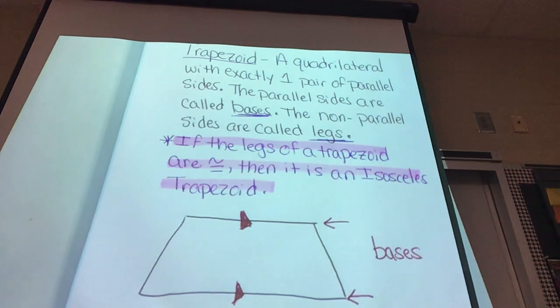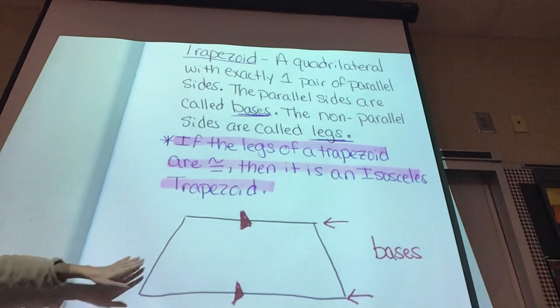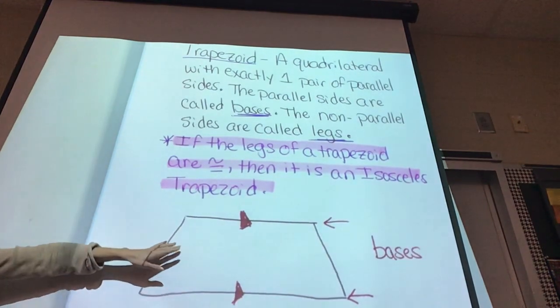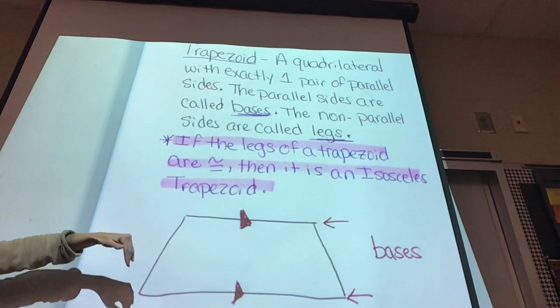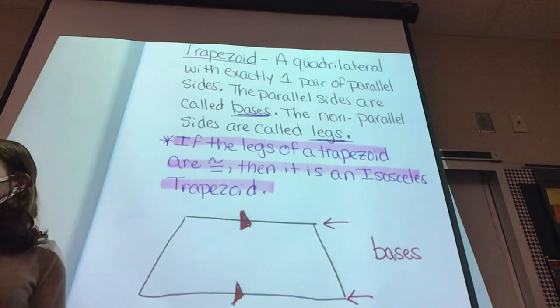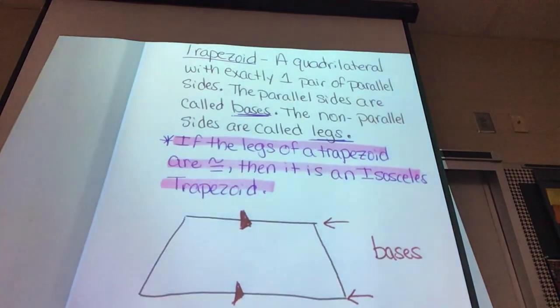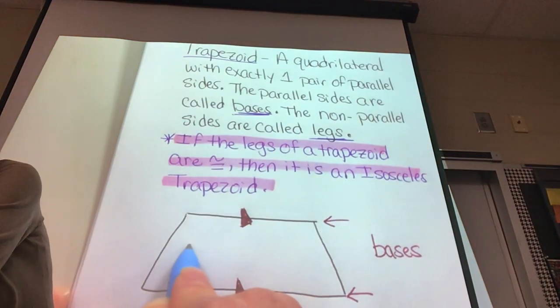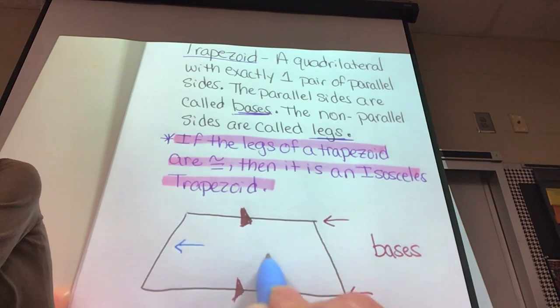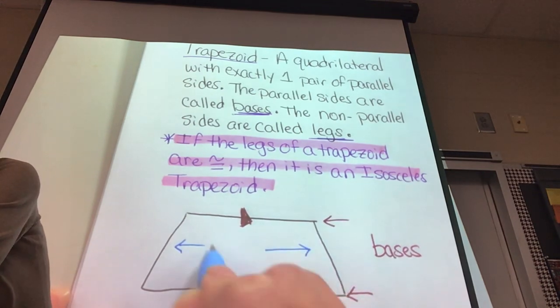Now it also says the non-parallel sides. So that's your two slanted sides. So that's these two, your two slanted ones, okay? That's going to be your legs. So the two slanted sides are going to be your legs. Okay? So I'm going to put that on the inside here. So those are your legs.